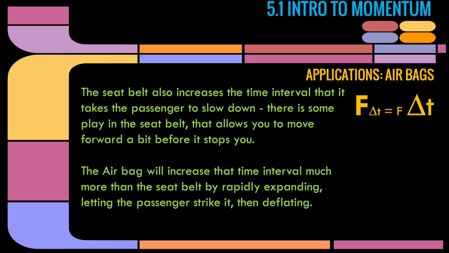So the seatbelt increases the time interval that it takes the passenger to slow down. There's some play in the seatbelt that allows you to move forward a bit before it stops you. The airbag, when it deploys, will increase that time interval much more than the seatbelt by rapidly expanding, letting the passenger strike it, and then deflating.